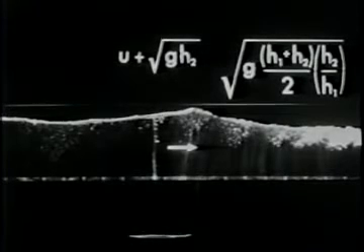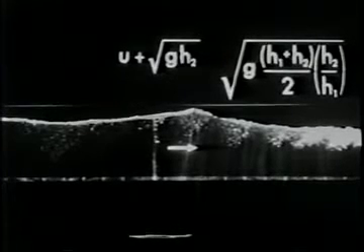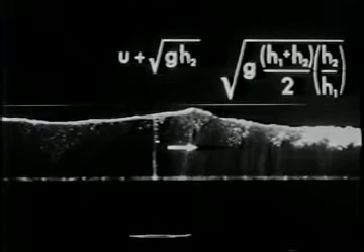Thus, small amplitude waves behind the surge wave and moving in the same direction as the surge wave always catch up to it. In reality, these surge waves move at a fair clip.